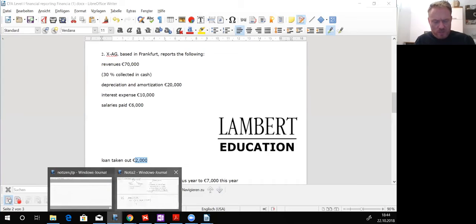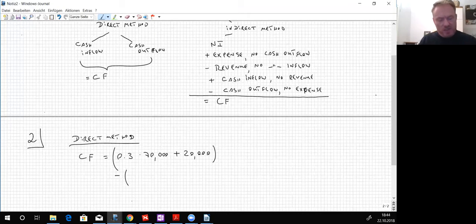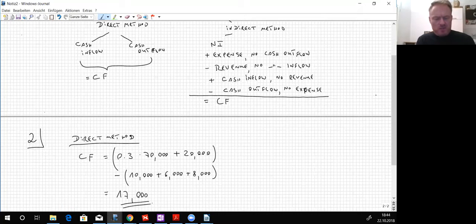Which means it is 10,000 plus 6,000 plus 8,000 euros, isn't it? Which means 21,000 plus 20,000 is equal to 41,000, and this gives 17,000 euros. 17,000 euros is the actual cash flow, computed the direct way.